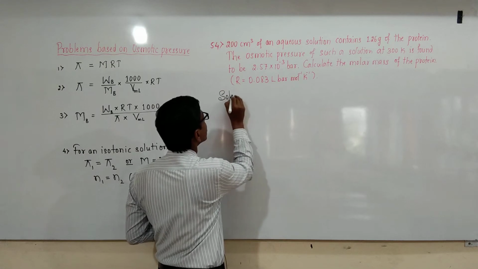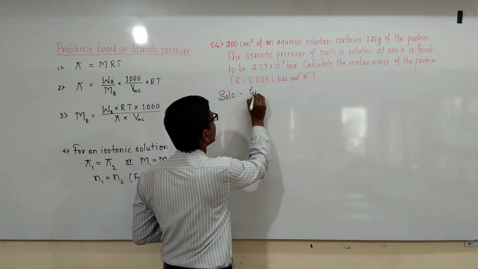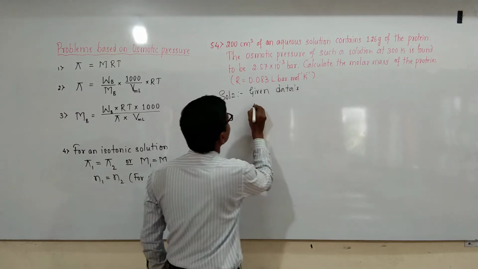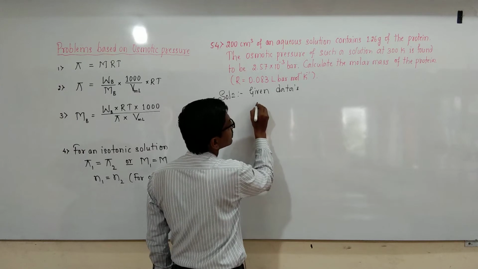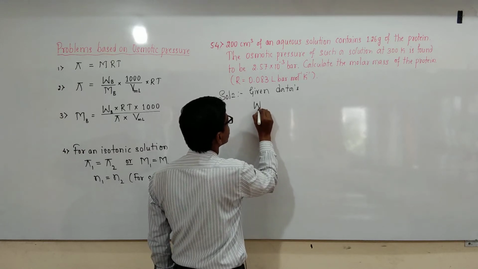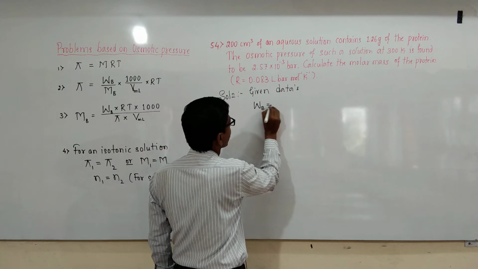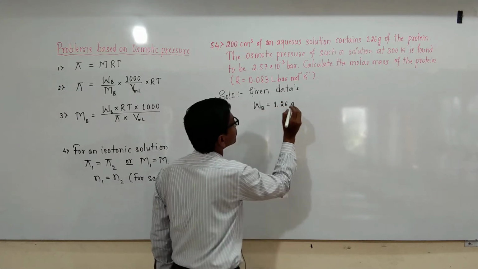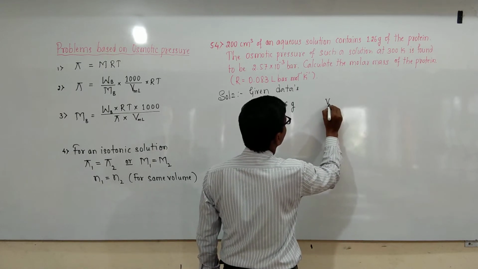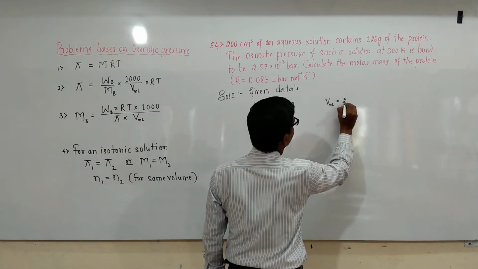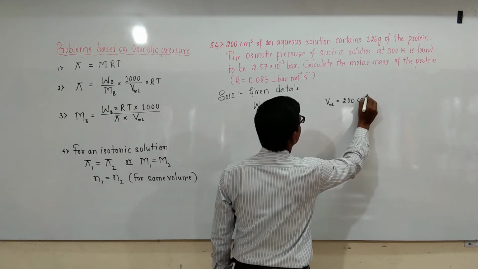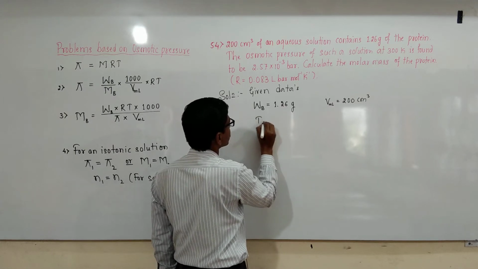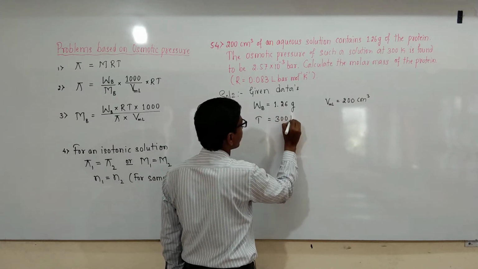Here first we write given data. What are the given data? Molar mass is to be found. Weight of the solute is 1.26 gram. Then volume of the solution in mL, that is 200 cm cube. Then temperature of the solution is 300 Kelvin.